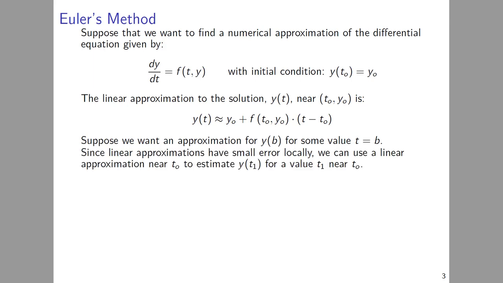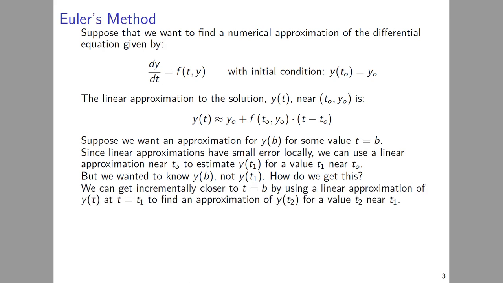Since linear approximations have small error locally, we can use a linear approximation near t naught to estimate y of t1 for a value t1 near t naught. But we wanted to know y of b, not y of t1. So how do we get y of b? We can incrementally get closer to t equals b by using a linear approximation of y of t at t equals t1 to find an approximation y of t2 for a value t2 near t1.